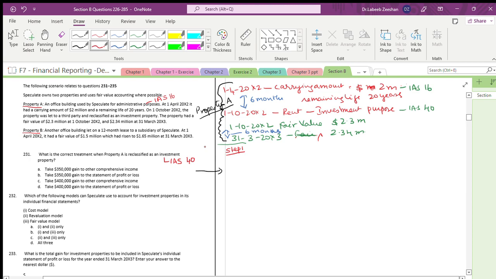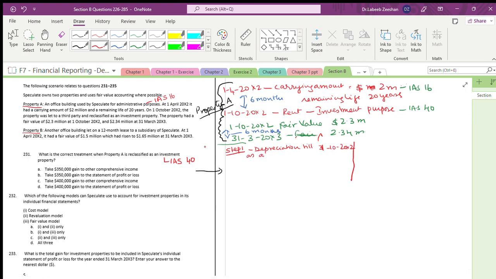I will divide this into two steps. This is step 1. First you have to calculate depreciation till 1st October 2002, as per IAS 16. What is the cost?